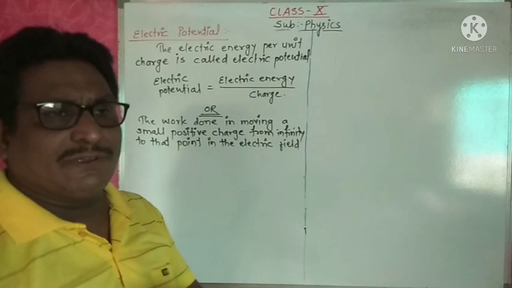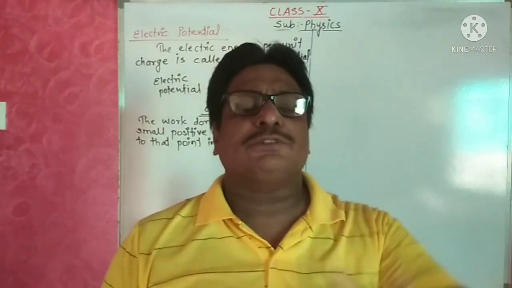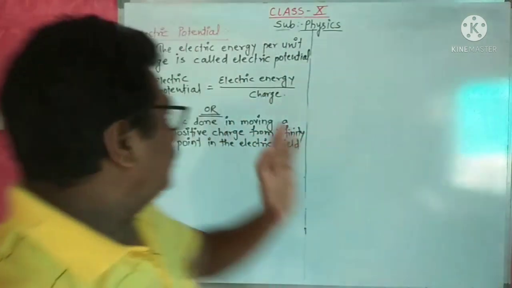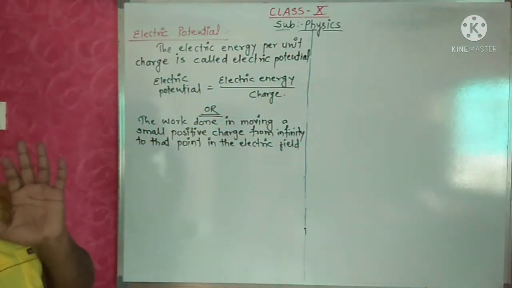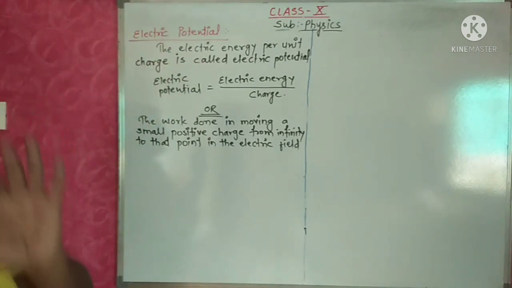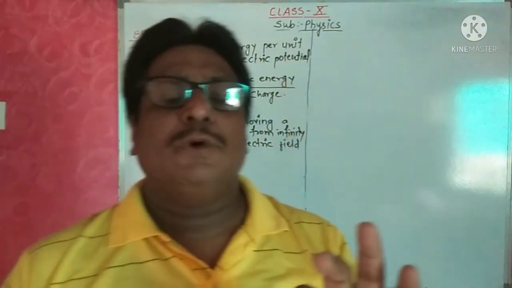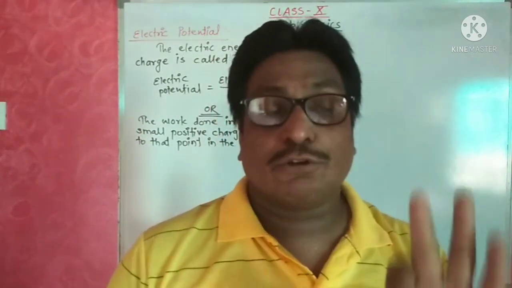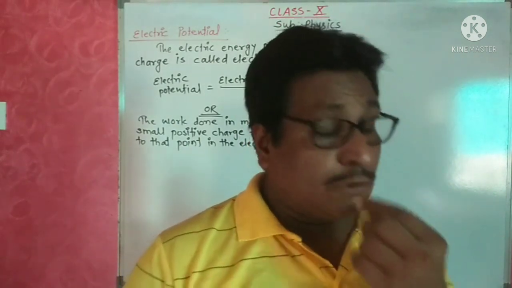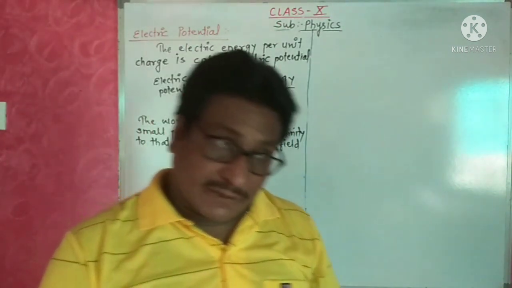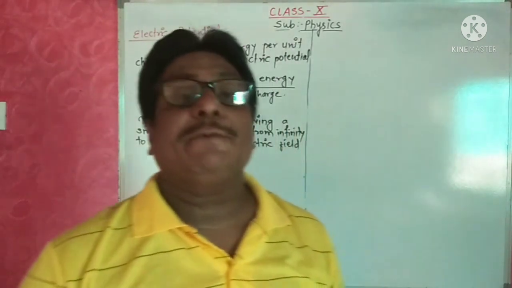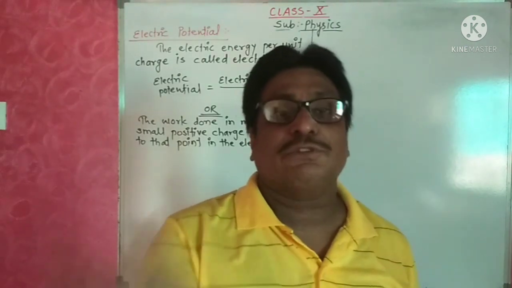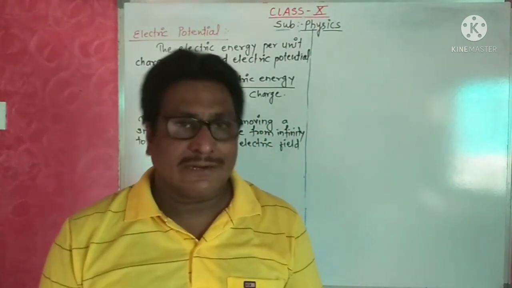Or in simple language we can say that the level of positive charge on the electron is called the electric potential. In the lower class we studied this definition, but now in a higher class we have to write the scientific definition.